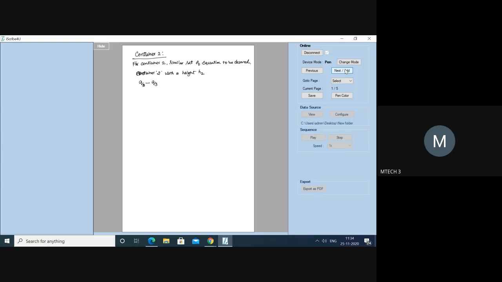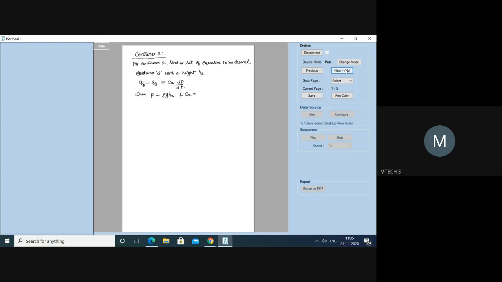Q2 minus Q3 is equal to C2 into dP by dt, where P is equal to rho g H2. And C2 is equal to similar to the previous. I just want you to repeat so that it's easy for you.